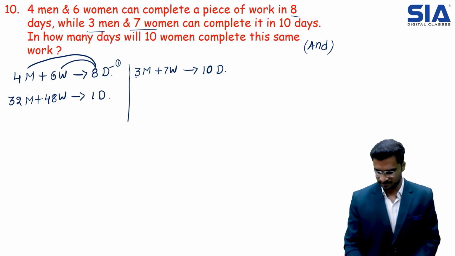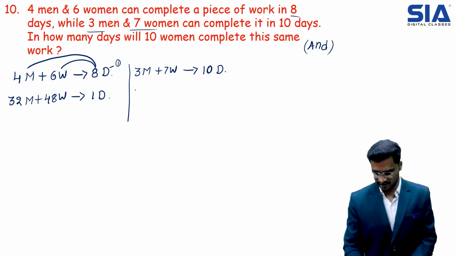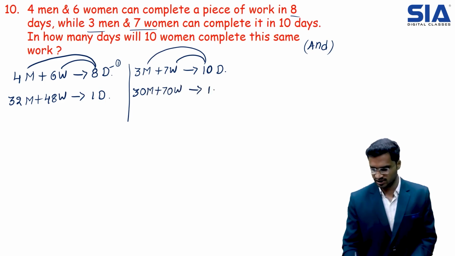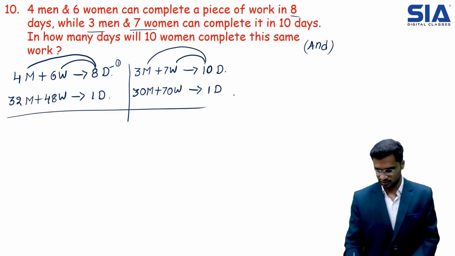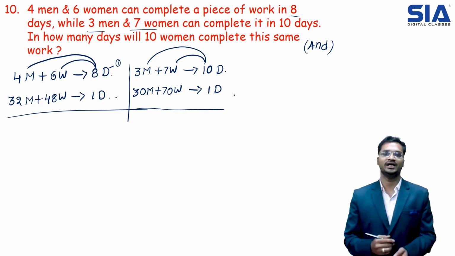In the same way, 3 men and 7 women are doing this work in 10 days, then let us multiply this value for both of them. 30 men plus 70 women will do this work in 1 day. So the left side and the right side, both of them are 1 day working people.